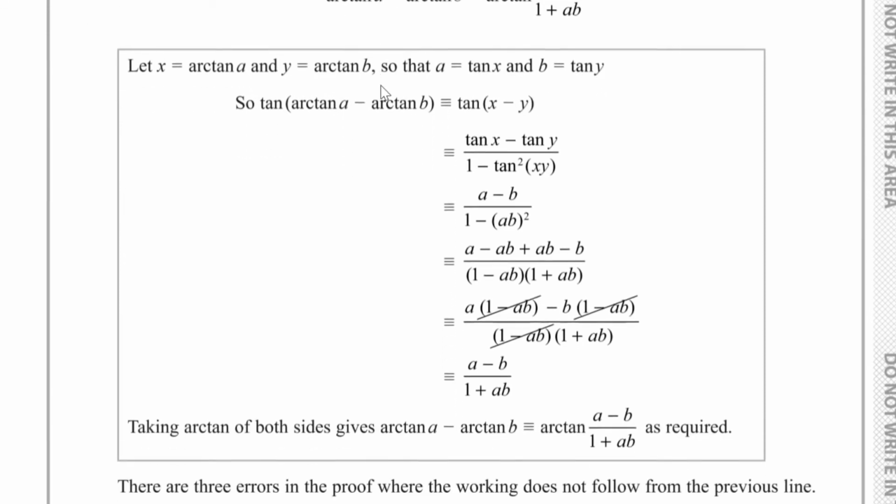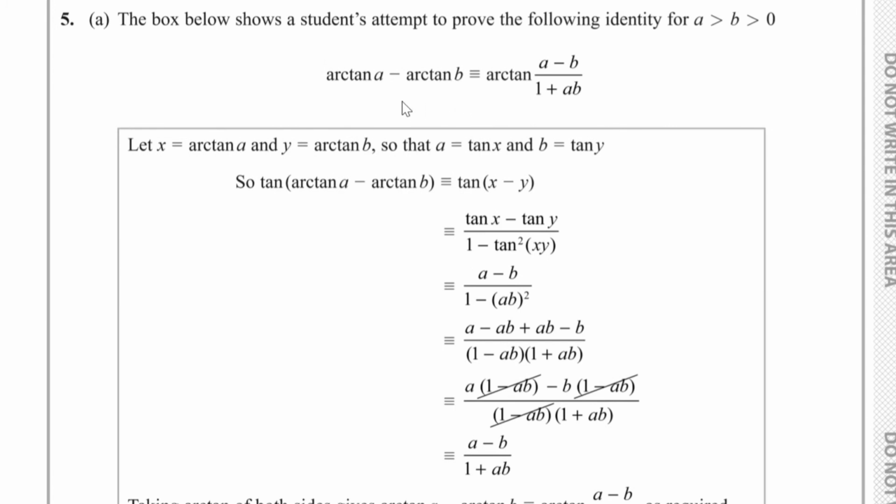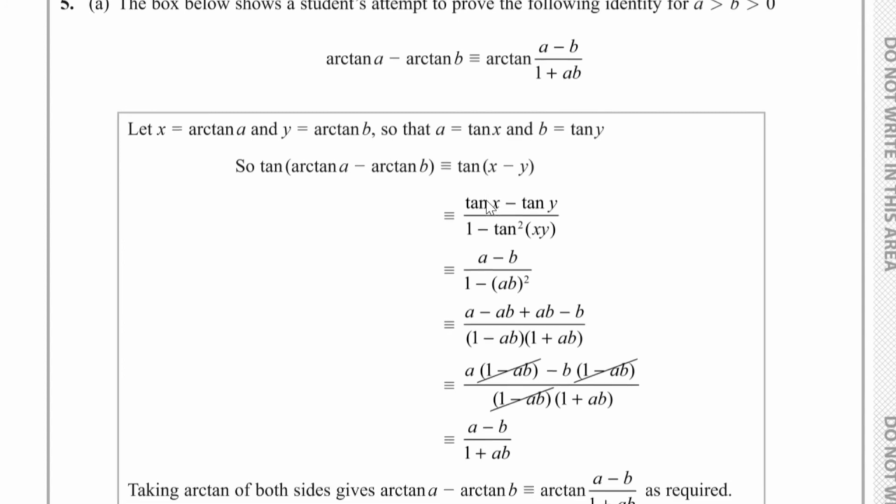And so taking the tangent of both sides, well, on the left hand side we've got the tan of the arctan of a subtract the arctan of b being equivalent to tan of x minus y, and that's because x is arctan a and y is arctan b, so that's where the x minus y comes from in the bracket.